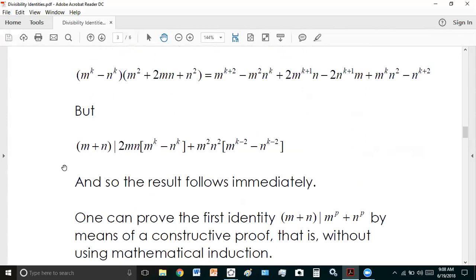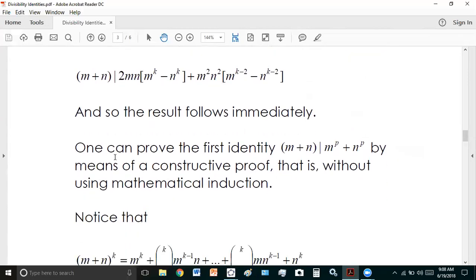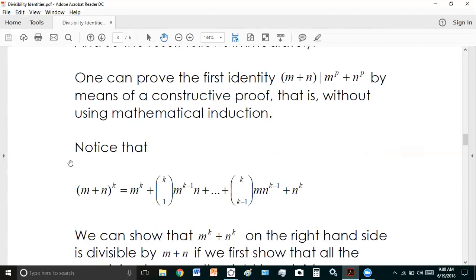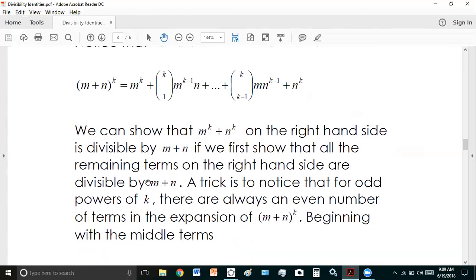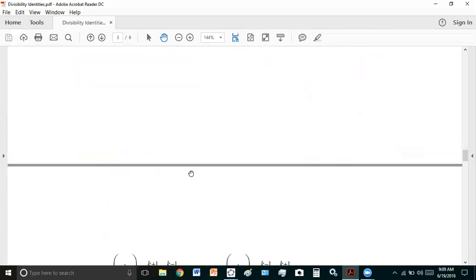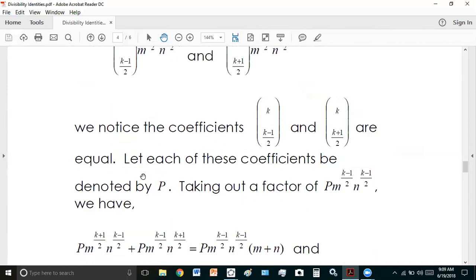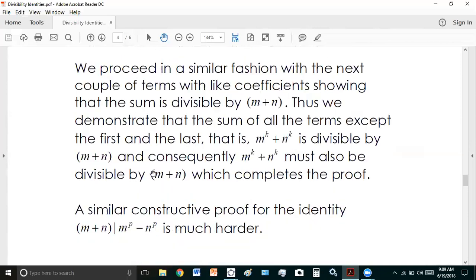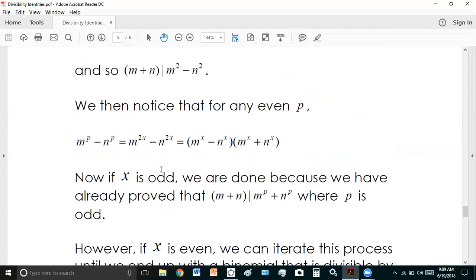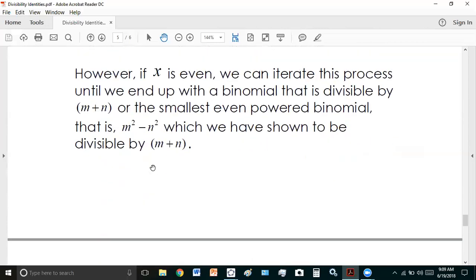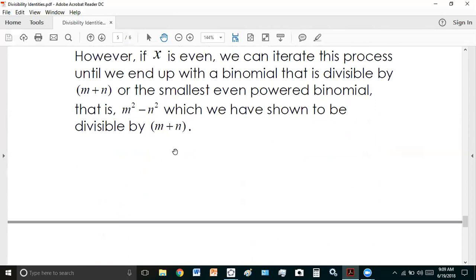And I do it here on page 3 without using mathematical induction. I say, notice that this is equal to this expression here, which is a binomial expansion. And I show you a trick, and I proceed to demonstrate how any of these two cases will cover everything, and any function, by the way, because any function can be written down as a binomial.